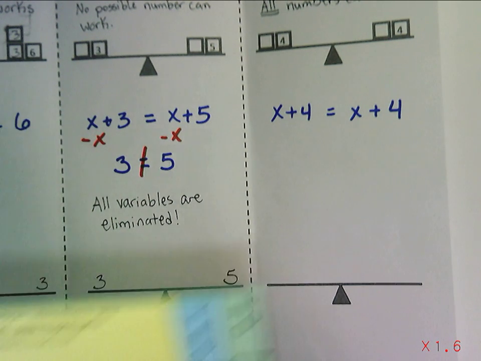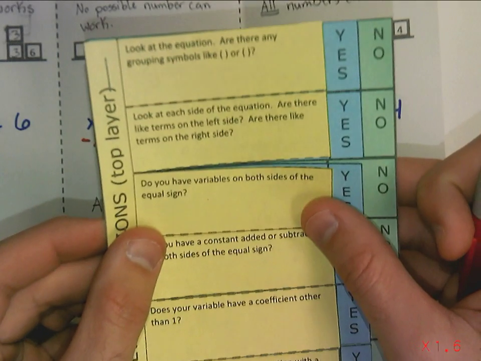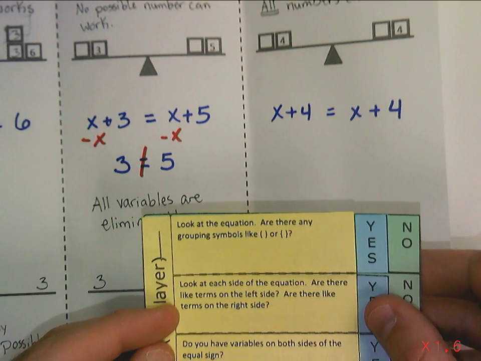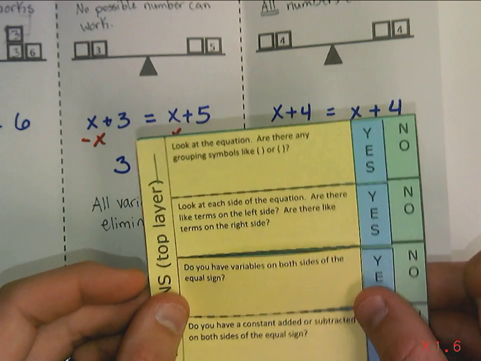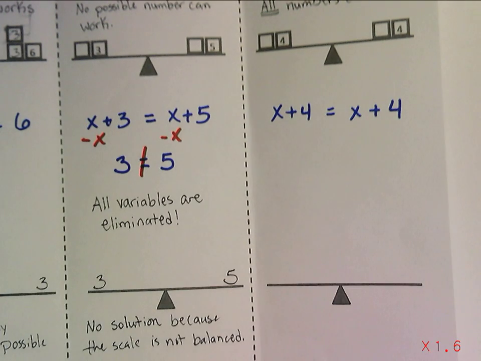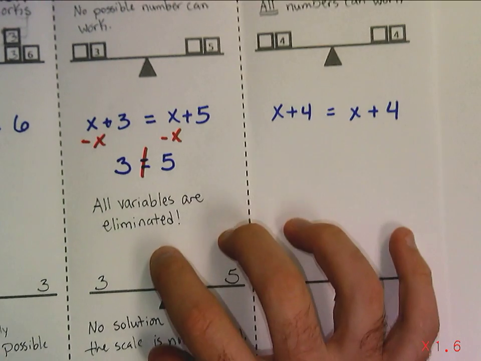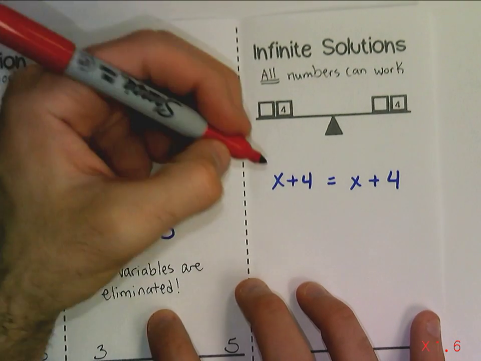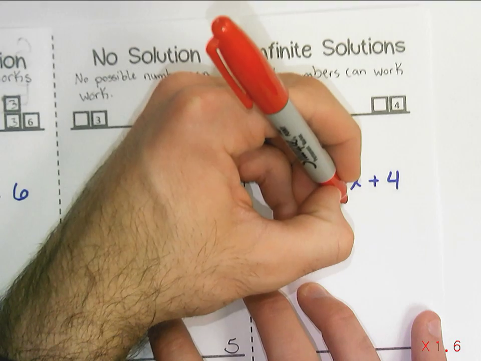You want to run through your foldable again here, so this will be helpful. So grouping symbols, no. Like terms on the left and right side, no. Variables on both sides of the equation, yes. So we need to subtract them again, kind of like in the no solution part. This time, it really doesn't matter because we're subtracting them.